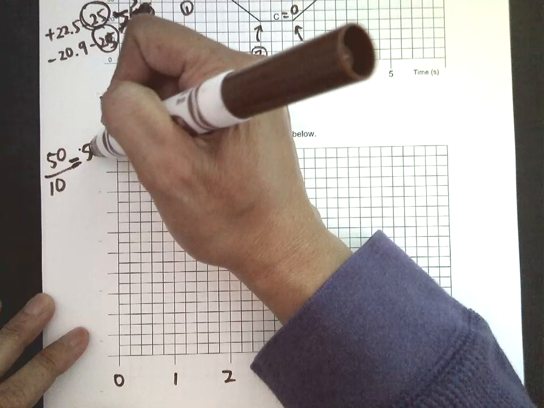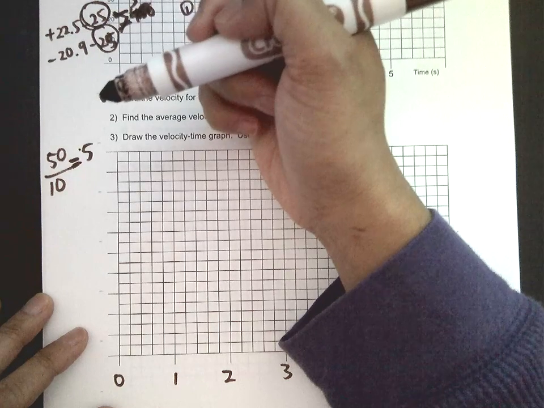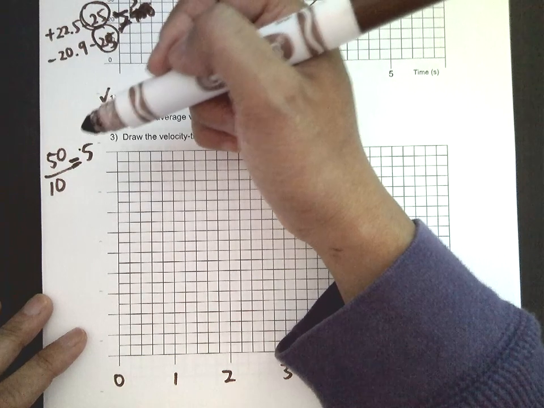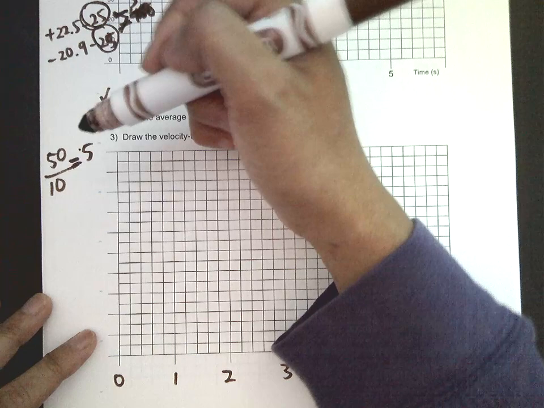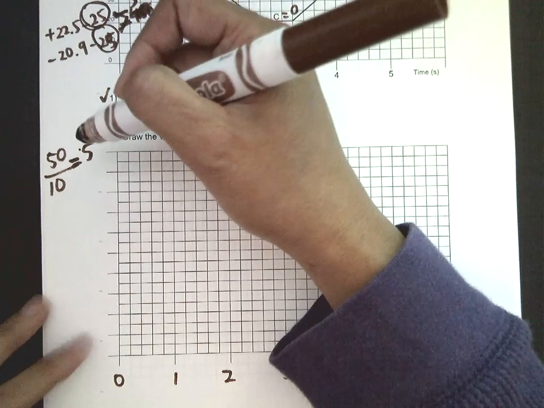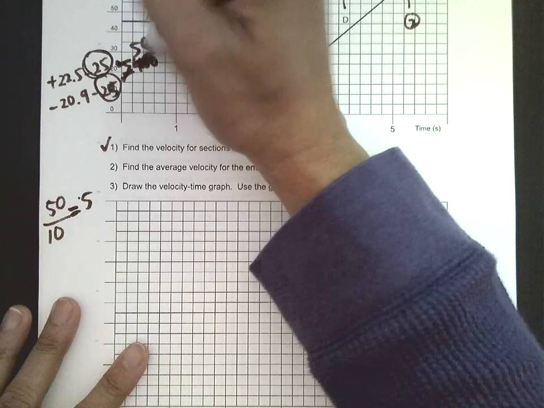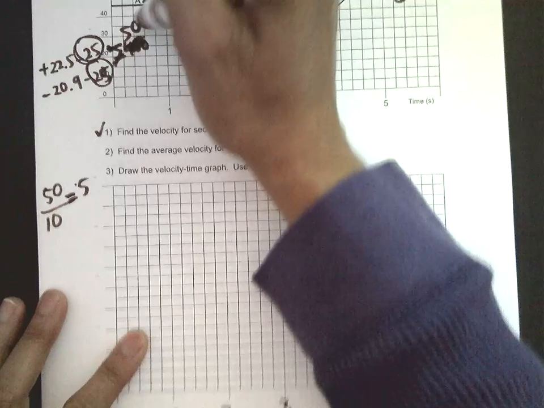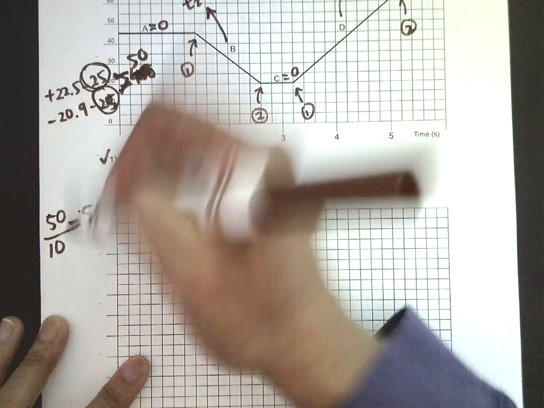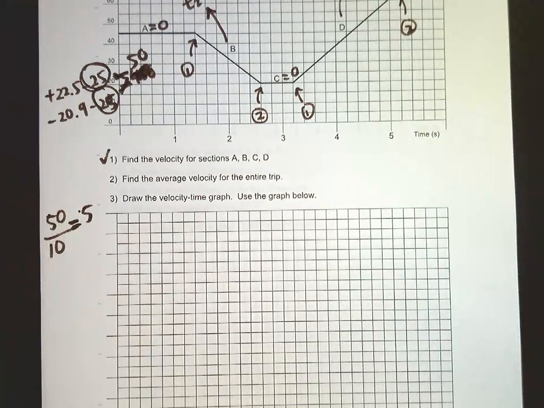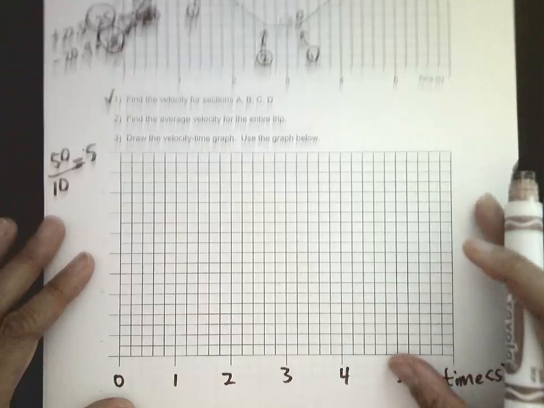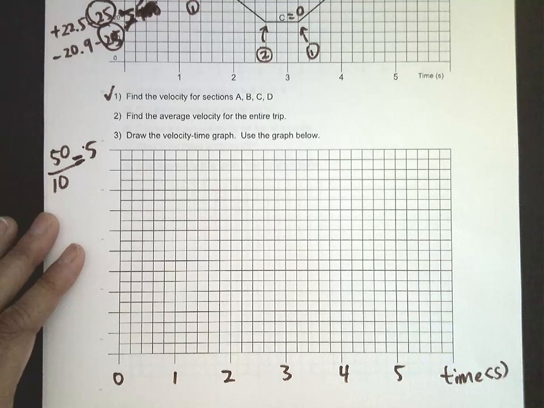Now, let's say if you get something like 5.5, then you have to round up to 10. Or if you get 6.8, again, round up to 10. So you need to round up your numbers to an easy number that you can graph. In this case, 5 works very nicely.